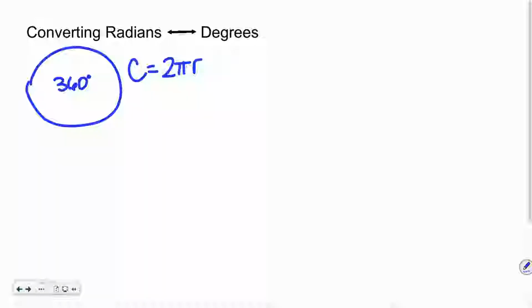So if we use the fact that a radian is the arc length, 2 pi r, over its radius measure, then there are 2 pi radians in a circle. So 360 degrees is the same as 2 pi.